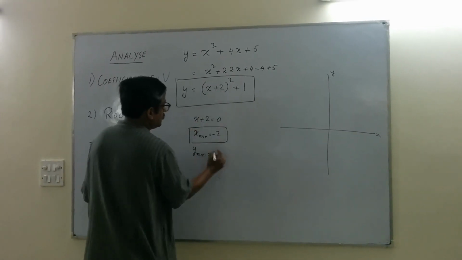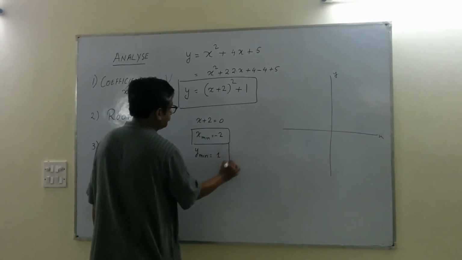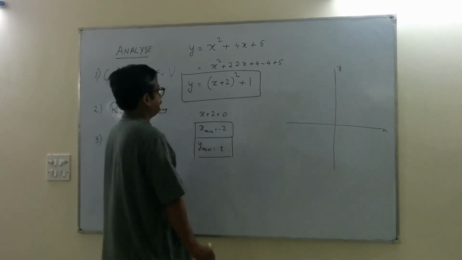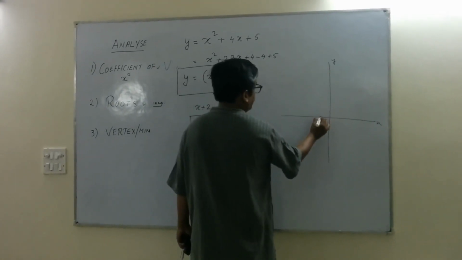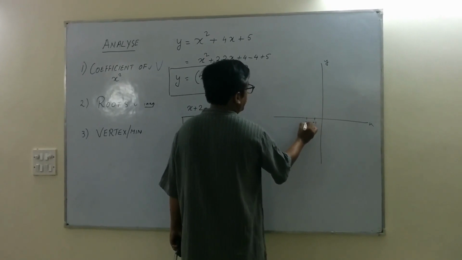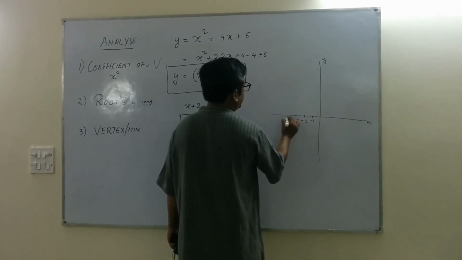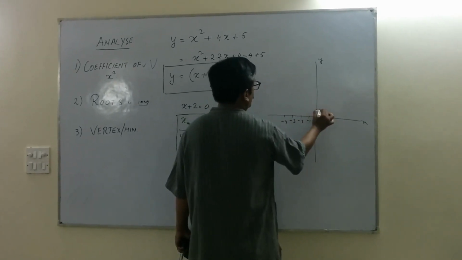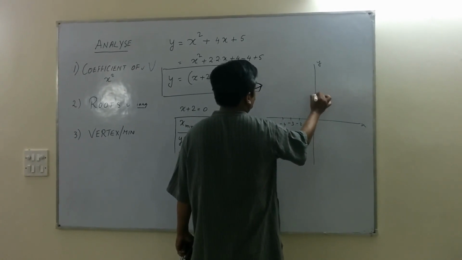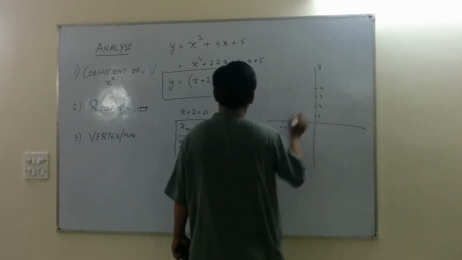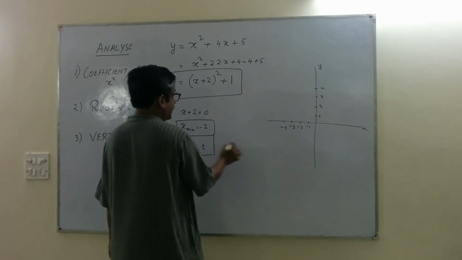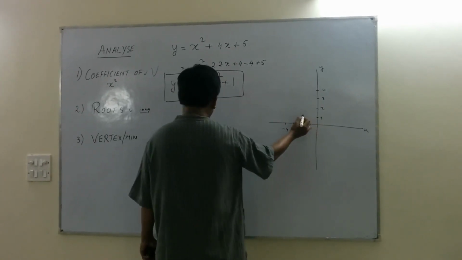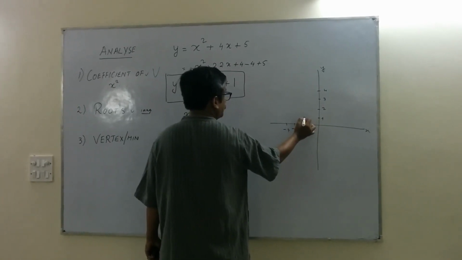This part is 0, so 1. So we have minus 1, minus 2, minus 3, minus 4, 1, 2, 3, 4. And we have a minimum point at y equals 1 and x equals minus 2.